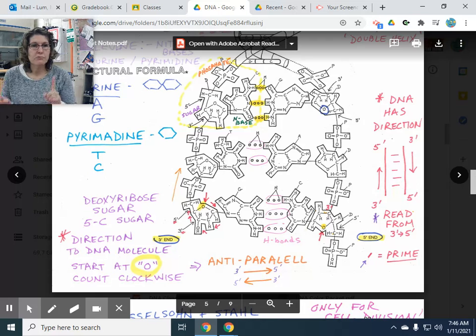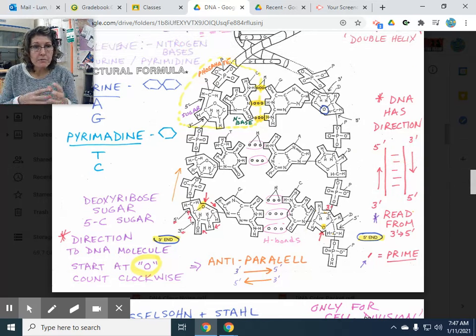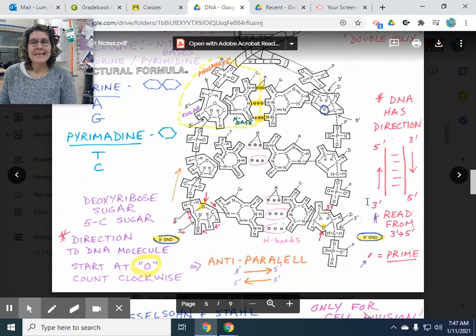So my strands run in opposite directions. This one goes 3' to 5'. This one goes 5' to 3'. And why is that important? Because when we replicate DNA, those strands get read and made in a certain direction. When we split these bonds up here in a moment, the enzyme that's going to come through, DNA polymerase, is going to read the strand in this direction.